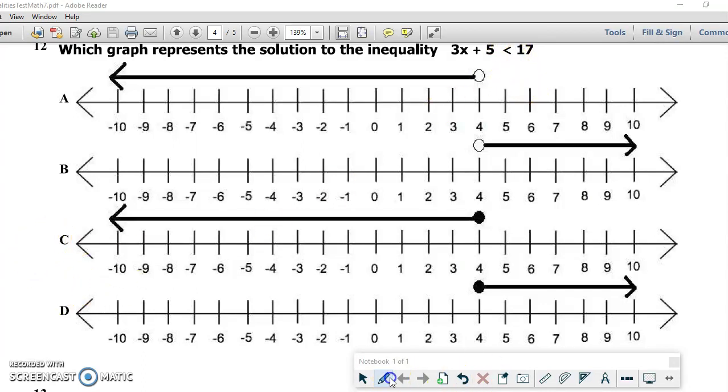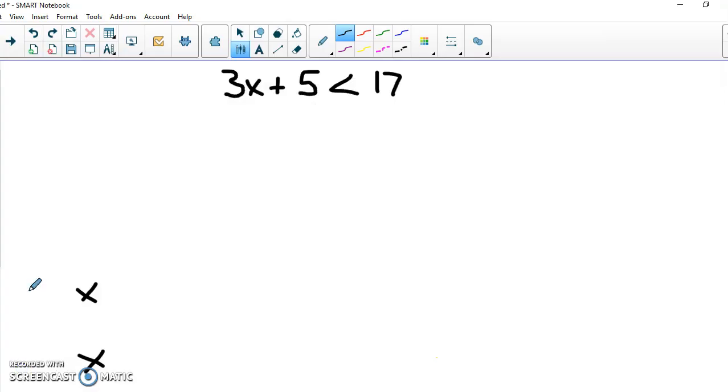So we know that C and D are not going to be possible. So keep that in mind as we are solving this inequality. So let's go ahead and solve the inequality. So I'm just going to switch screens real quick so that we'll have some room to solve this. So let's put a box around our variable term. And that shows me that whatever is outside the box, that's what I need to get rid of first.